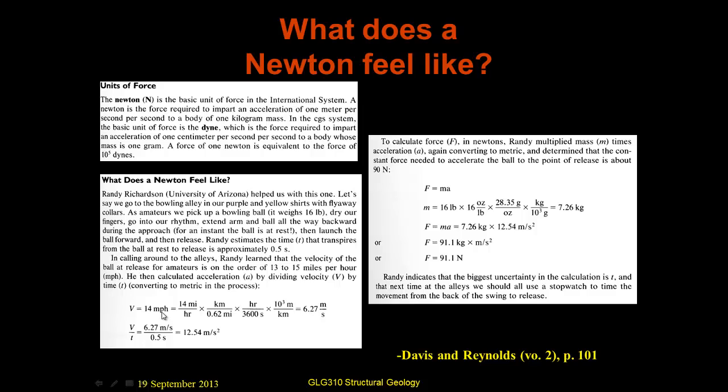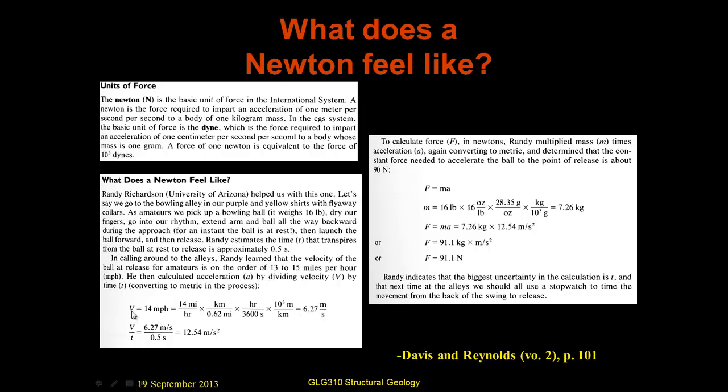When you start off, the ball is behind your arm, at 0, and then it goes to the release velocity in just half a second. That's the time it might take our arm to move. The launch velocity is about 13 to 15 miles per hour.